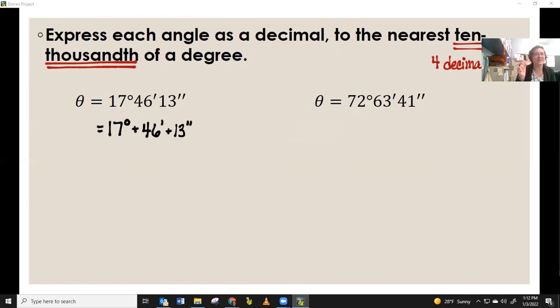I know it has to do with 60. Division, absolutely. We're going to divide this by 60. So 17 degrees plus 46 minutes plus, if I change this to be 13 over 60, that will change that into minutes. What is 13 divided by 60?